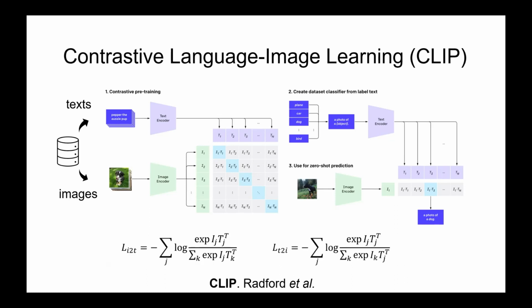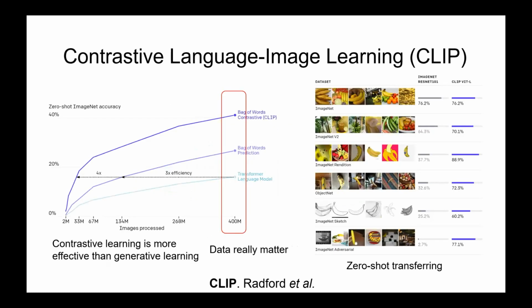As you can see, this is a very simple bidirectional contrastive learning between the image and the text. The observation is that this contrastive learning is very effective. Compared with the generative learning objective, which tries to generate a sentence given an image, it can learn much faster given the same amount of data.